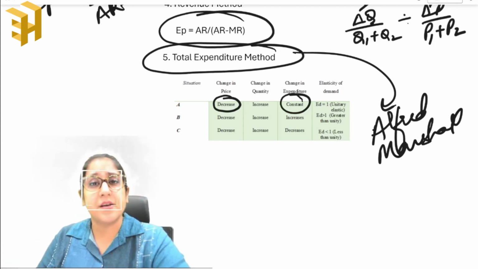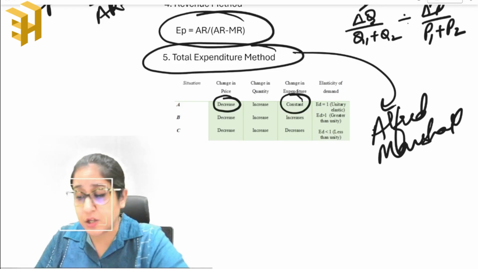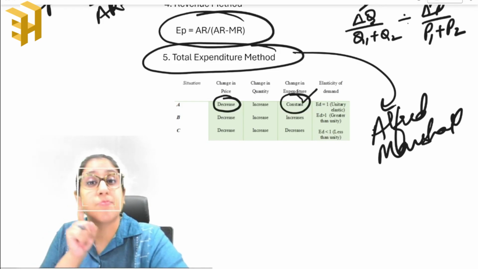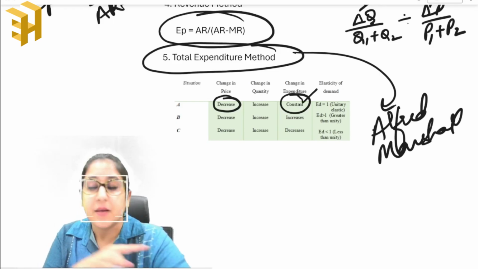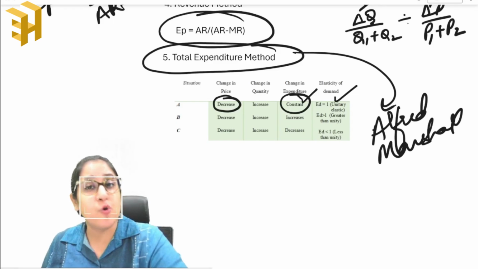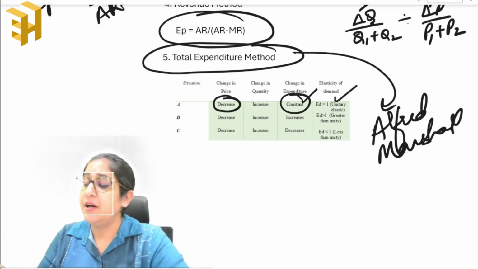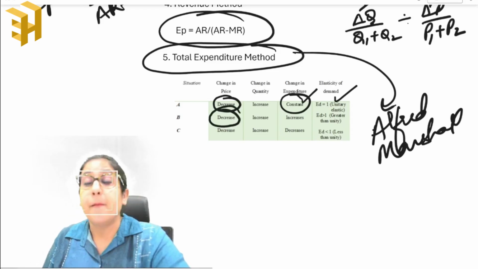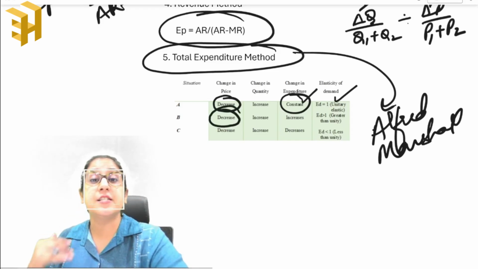As a result, the expenditure is remaining constant. So therefore, when the expenditure is constant despite a change in price, then we say that elasticity of demand is equal to 1.